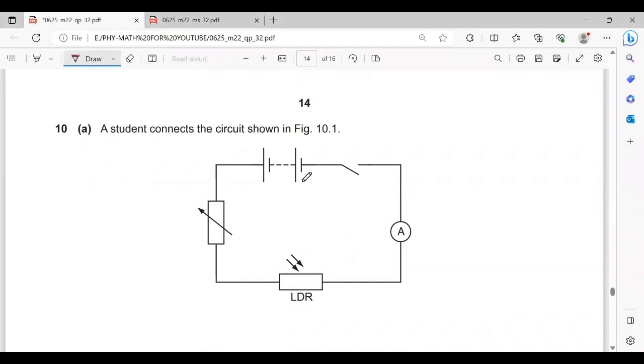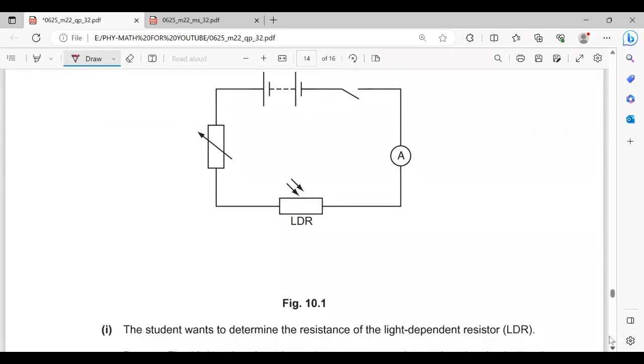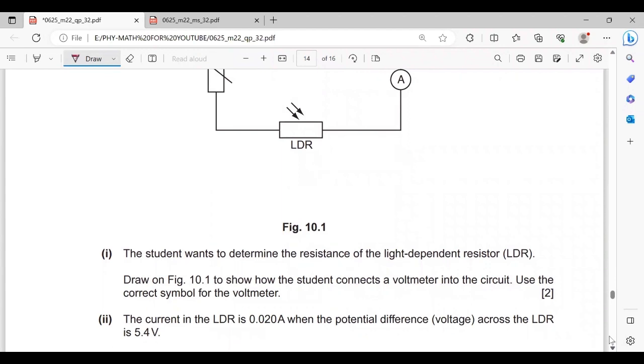Okay, number 10. A student connects the circuit shown in figure 10.1. The student wants to determine the resistance of the light-dependent resistor, LDR. On figure 10.1, show how the student connects a voltmeter into the circuit, using the correct symbol for the voltmeter.